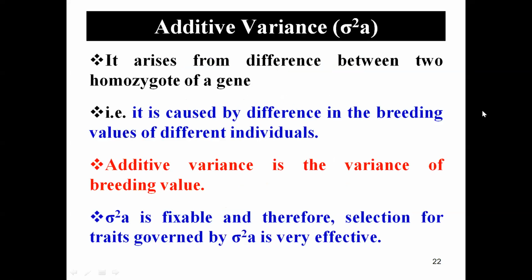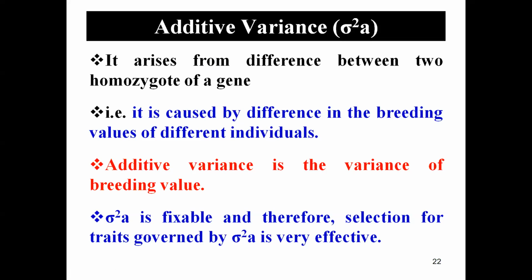What is additive variance? While studying breeding value and average effect of gene substitution, we studied that it is the variance which arises from difference between two homozygotes of a gene, A1A1 and A2A2.